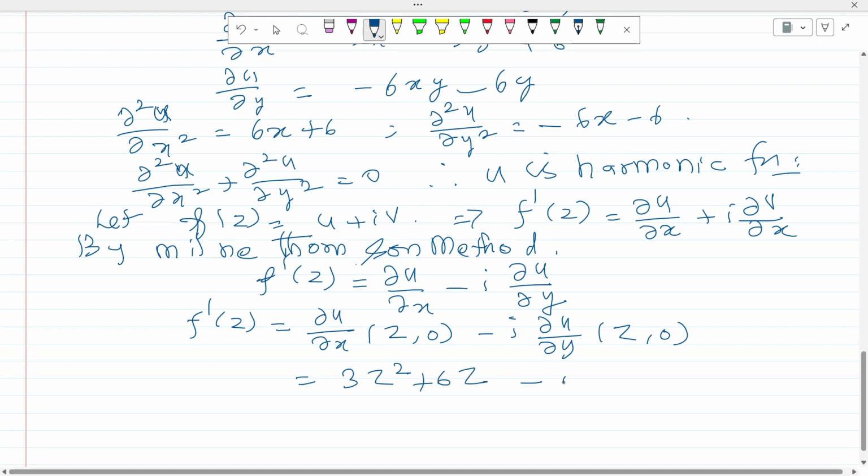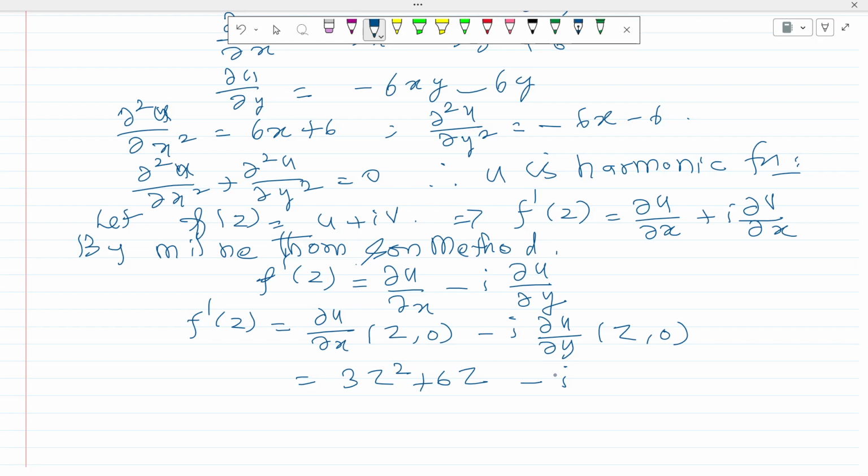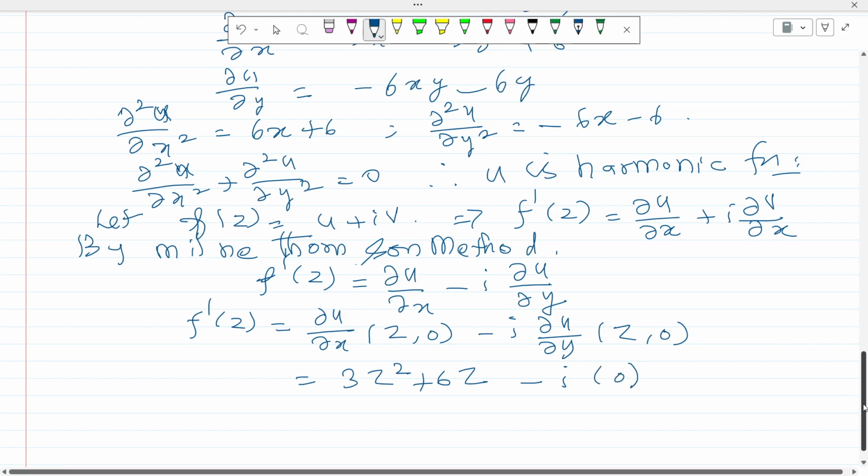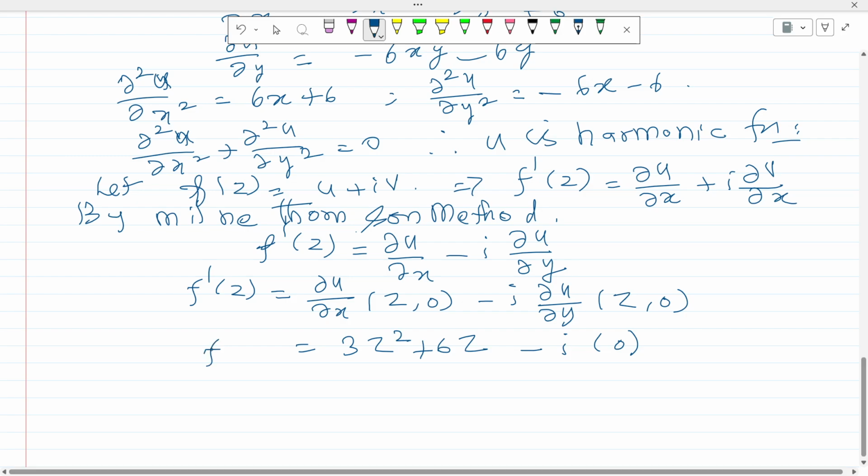Minus i into ∂u/∂y. ∂u/∂y is minus 6xy minus 6y. Substituting x equal to z, y equal to 0, we get 0, so i into 0 here. Therefore, f dash of z equal to 3z square plus 6z.